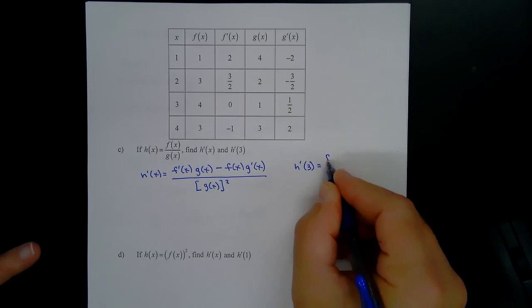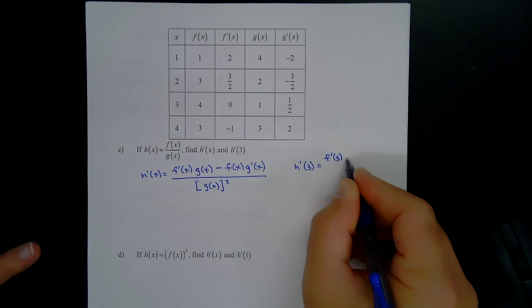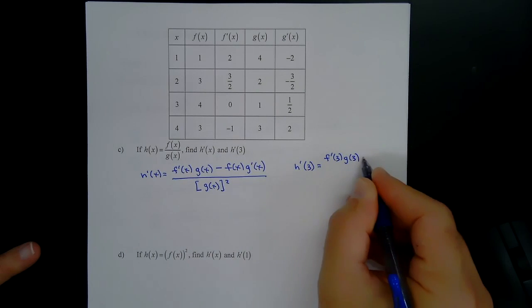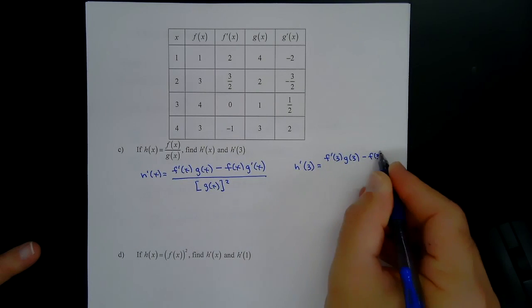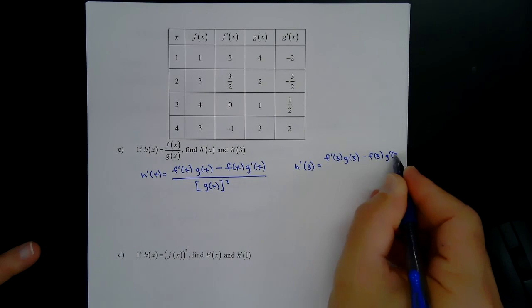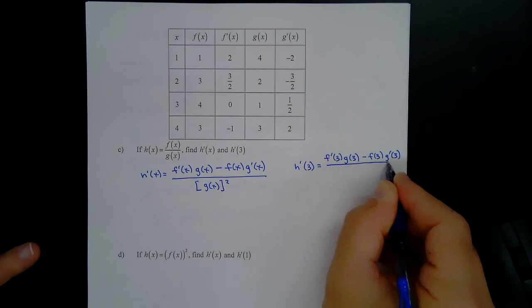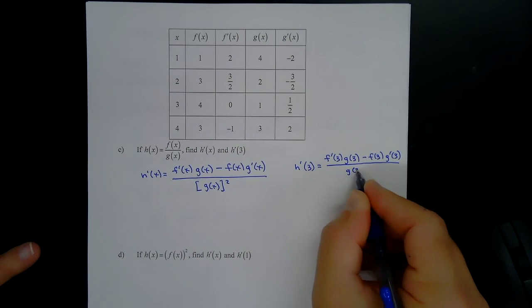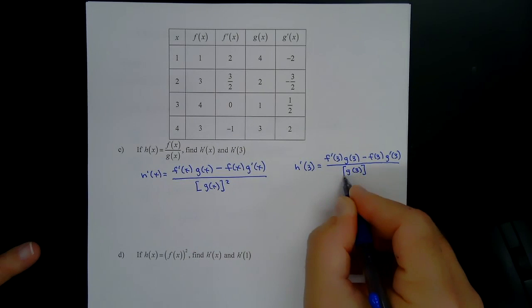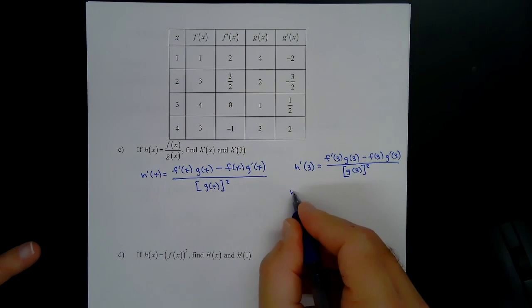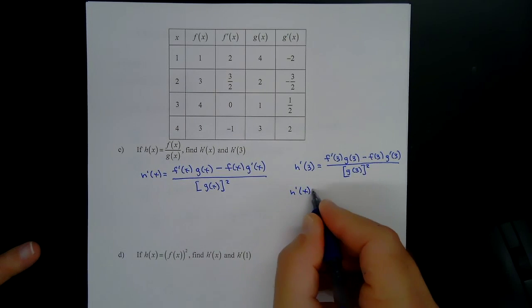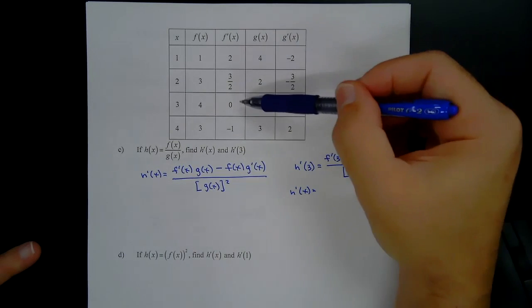Okay, so once again, what's h prime of 3? H prime of 3 would be f prime of 3, g of 3, minus f of 3, g prime of 3, all over g of 3 squared. So looking these up, f prime of 3 is 0.